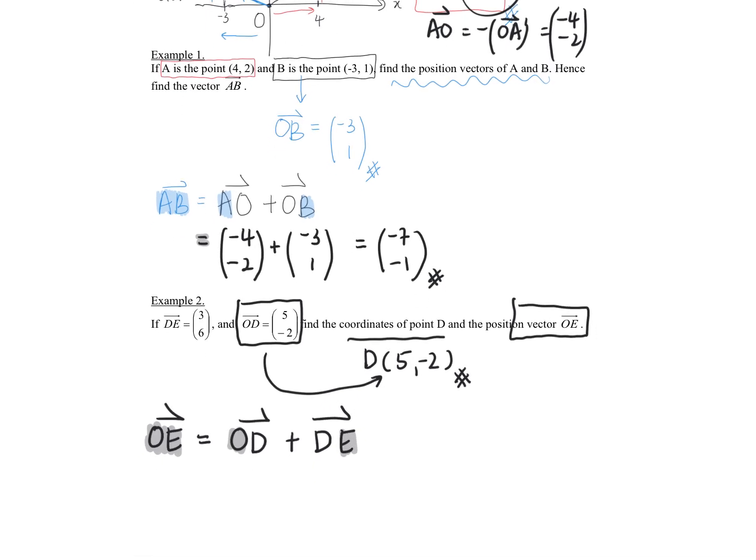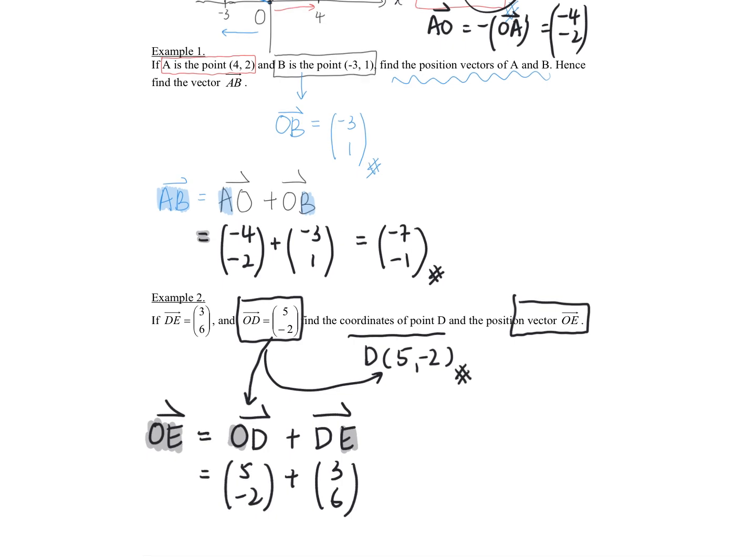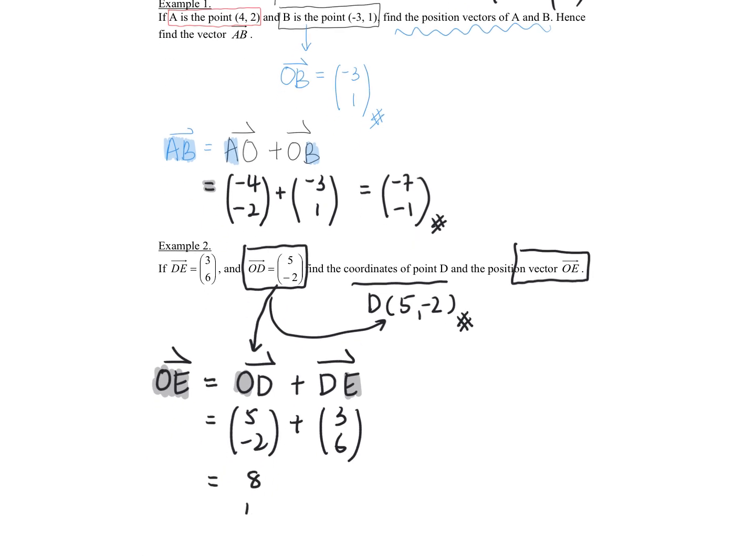So I put in my OD now. My OD is (5, -2). My DE is (3, 6). Then it's just column matrix addition. So (8, 4). Done. Okay, so it is like matrix addition, but do it carefully with the direction in mind.